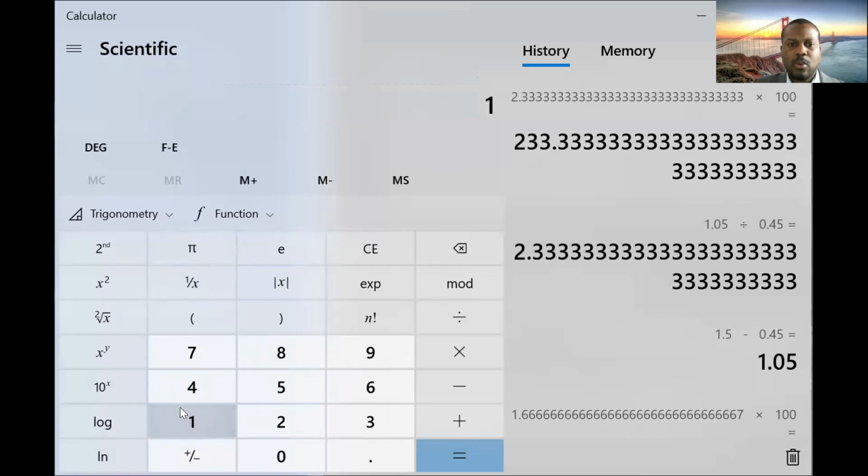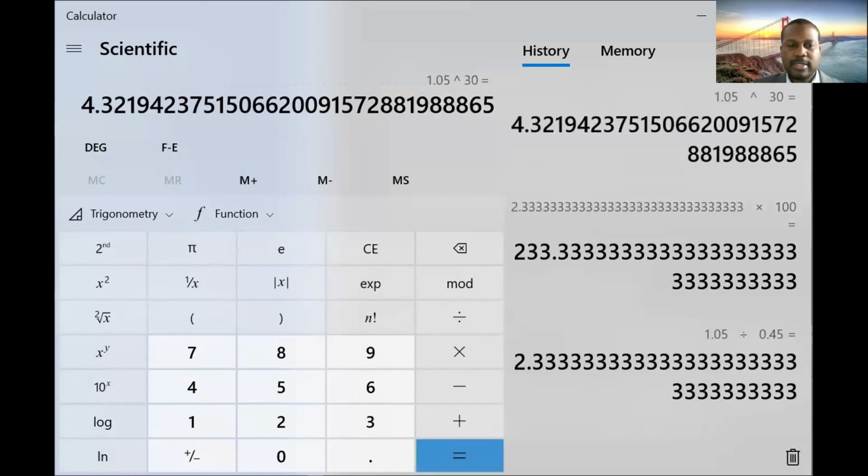So 1.05 raised to the 30 is 4.32. So 4.32, let's say 4.3219.